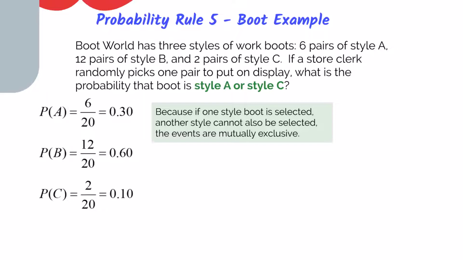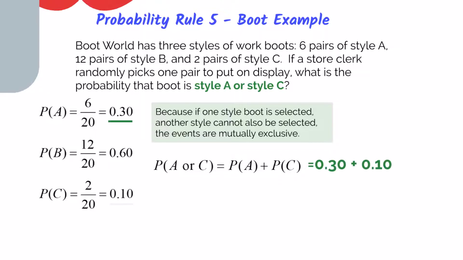We know then that the events are mutually exclusive. So the probability of selecting style A or C would be the probability of A plus the probability of C. Boot A is a 0.3 chance of occurring, whereas C is a 0.1 chance of occurring. So we add up these probabilities and it gives us a 0.4 or a 40% chance of pulling either style A or style C.